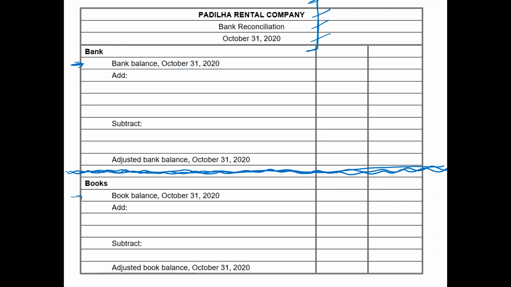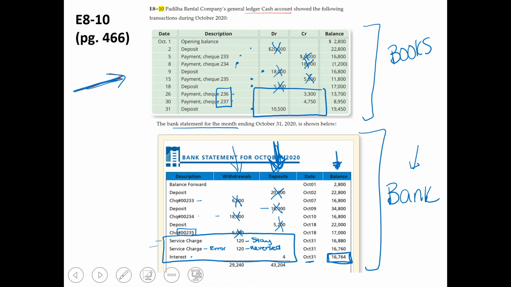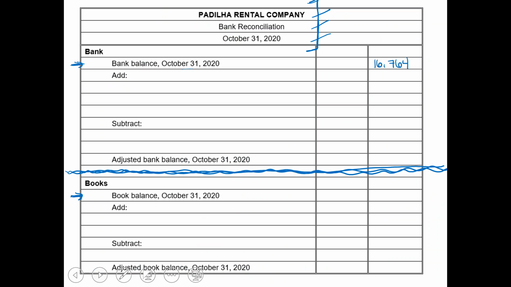So we can put that here, $16,764. And then we do the same thing for the books. So what does our general ledger actually tell us is our balance in our cash account right now? We can look to the GL, the balance is on the right side again, and at the end of the month, we see this balance of $19,450. So that is our books balance.